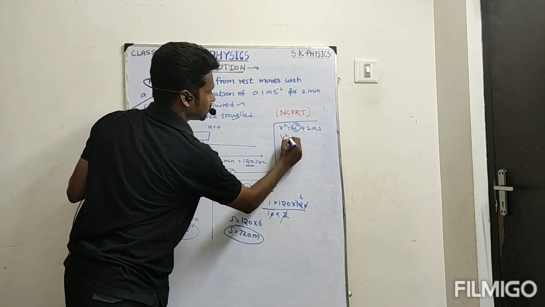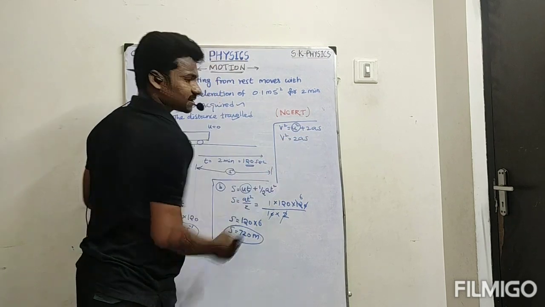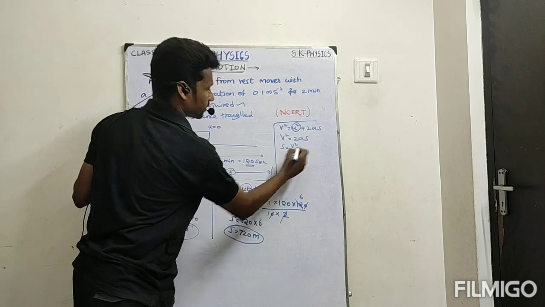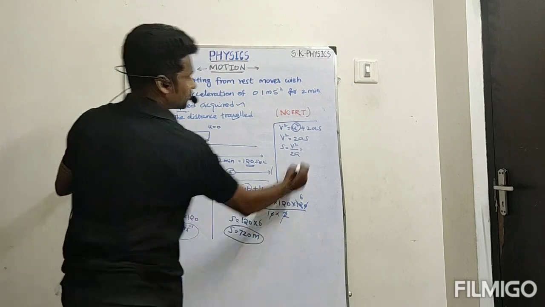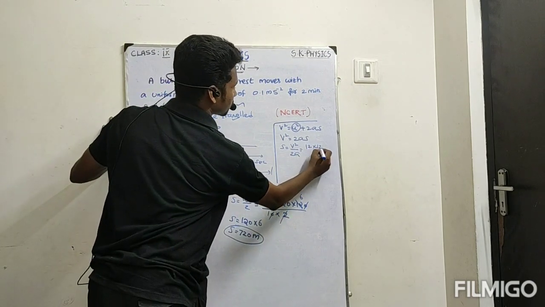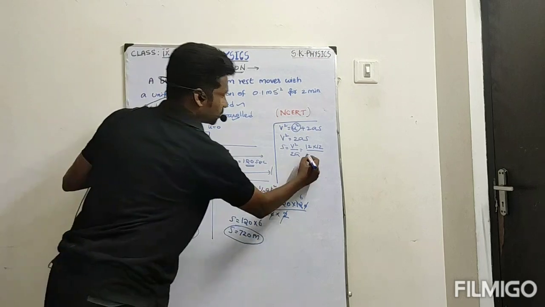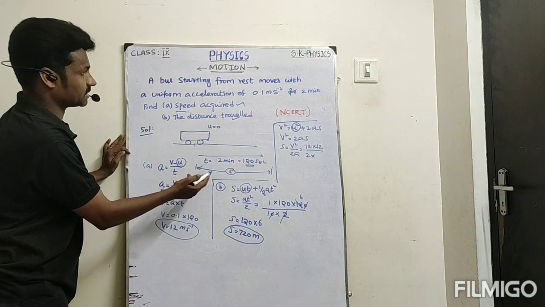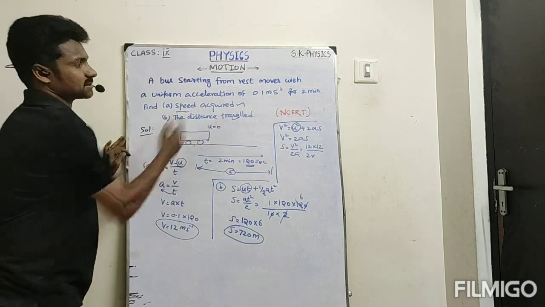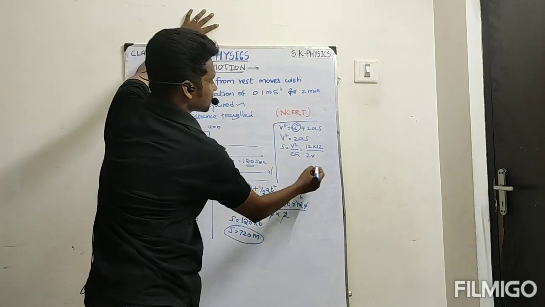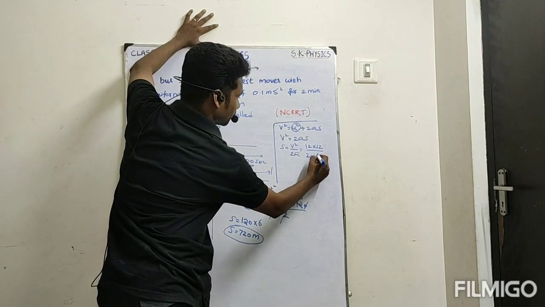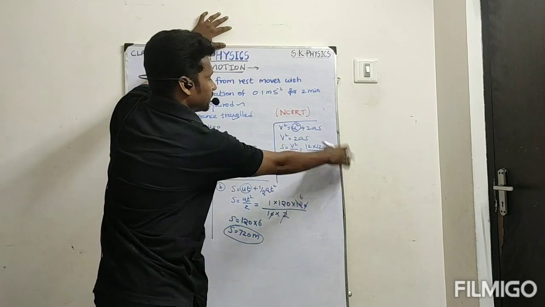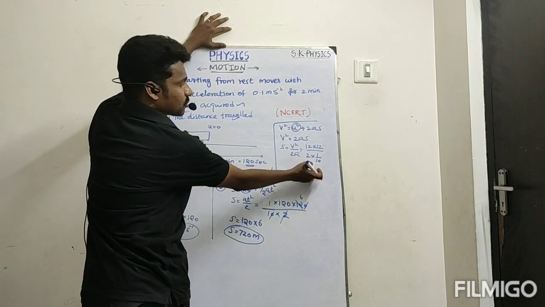So v squared is equal to 2as, so s is equal to v squared divided by 2a. The v value is 12, so 12 into 12 divided by 2 into the acceleration, which is 0.1. I can write 0.1 as 1 divided by 10.